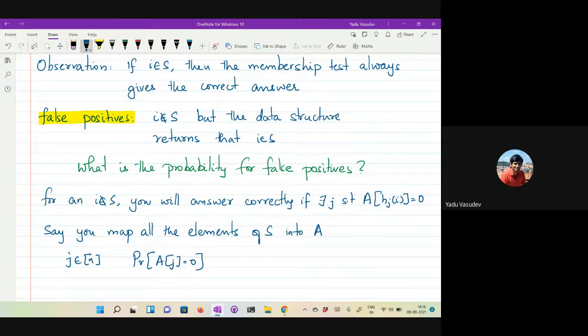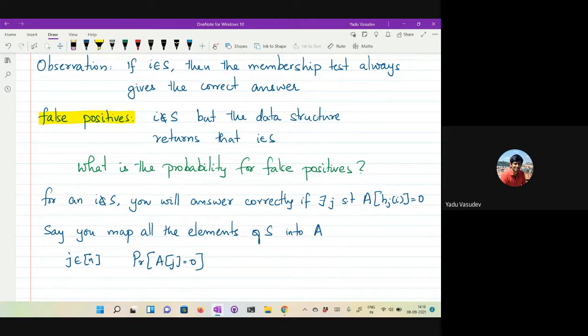In this case, I think you can give an exact answer. Approximate is also okay, but you can probably give the exact answer also. What is this value? 1 minus 1 over n to the mk, right? So the way I think Sathik would have got this is take one element.